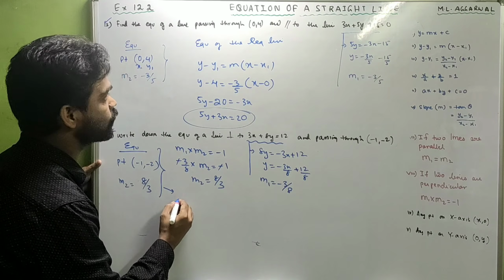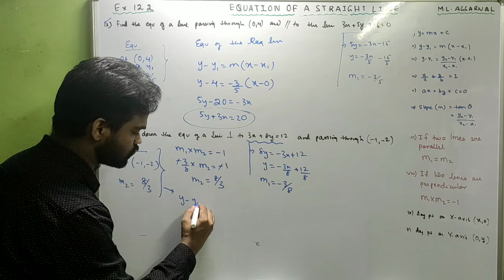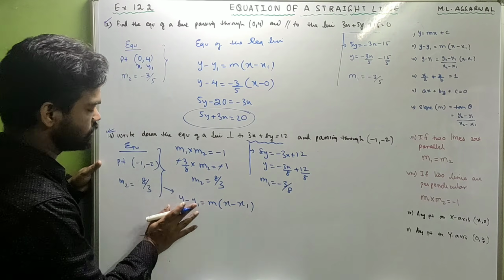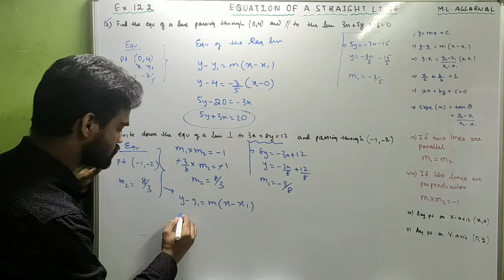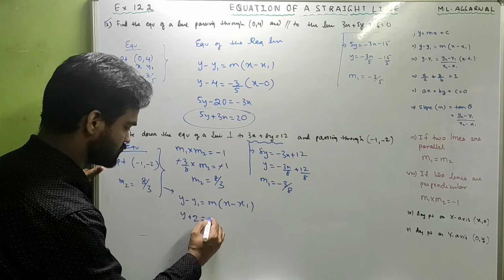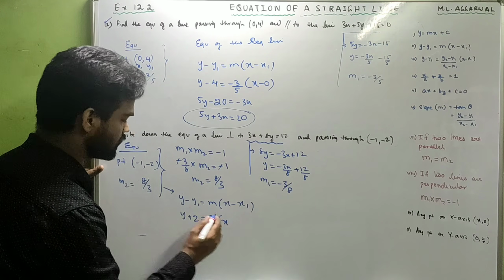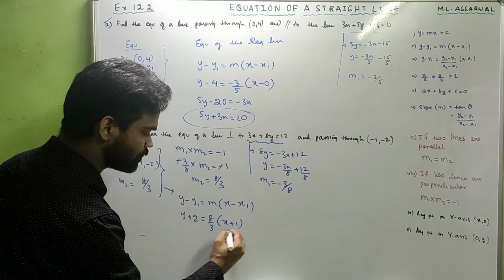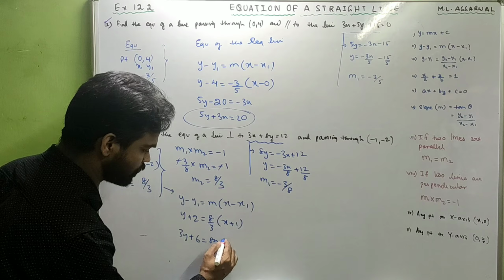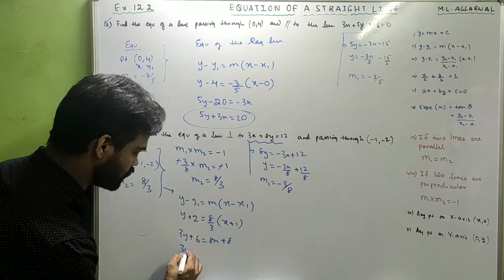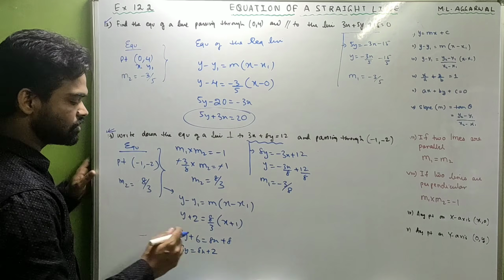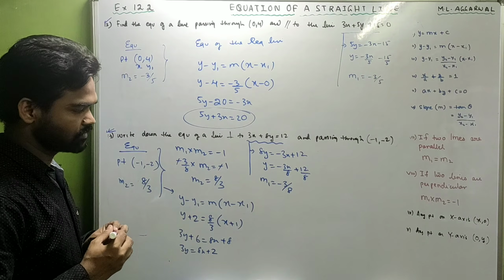The equation of the required line is y - y1 = m(x - x1), isn't it? So this is (x1, y1). So y - (-2) is y + 2. m is 8/3. x - (-1) is x + 1, isn't it? 3 comes over here. So 3y + 6 = 8x + 8. So 3y = 8x, 8 - 6 is plus 2, so 3y = 8x + 2. That's your equation. Clear?